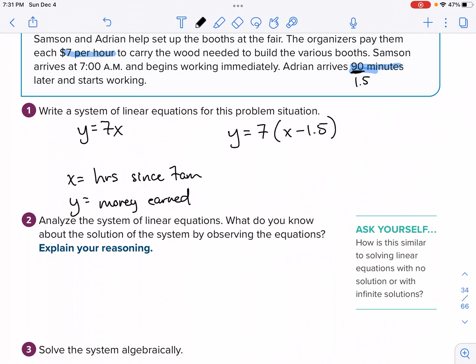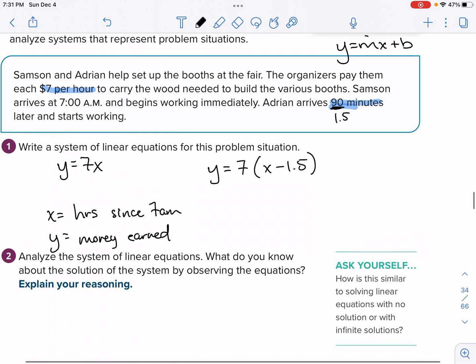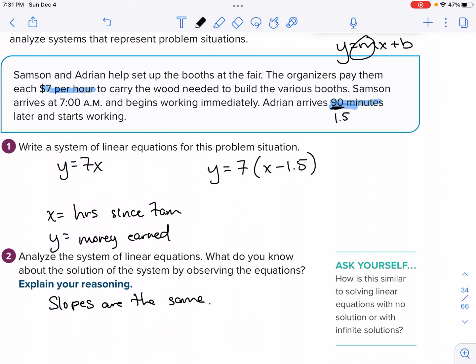All right. B. Analyze the system of linear equations. What do you know about the solution of the system by observing the equations? I think from this we can say, if they're in slope-intercept form, we can say something about the slope. It looks like the slopes are the same. They're both 7 because they're making the same amount of money each hour that they work.